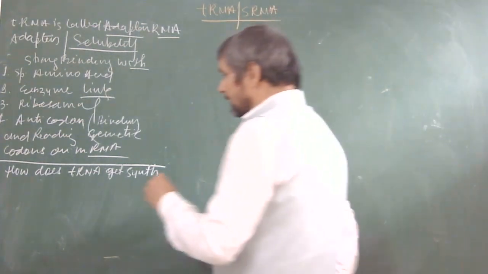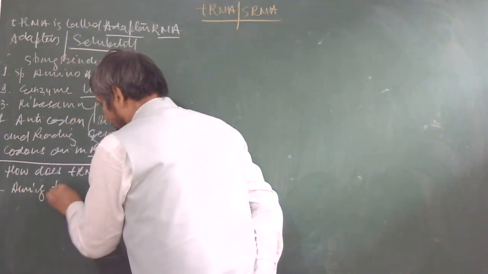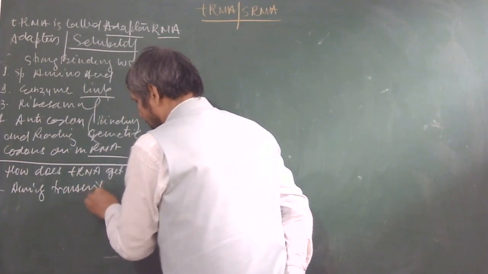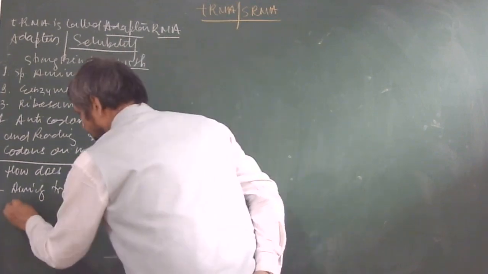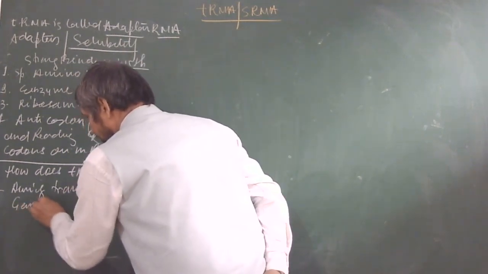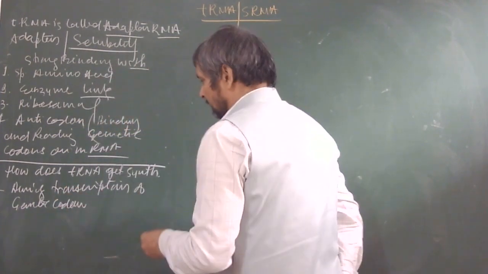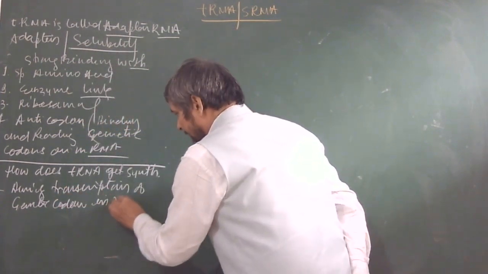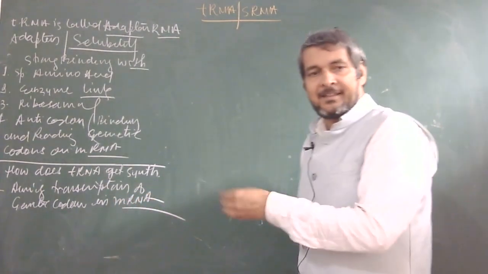So during the transcription of genetic codons in mRNA, the chain of genetic code is known as mRNA.